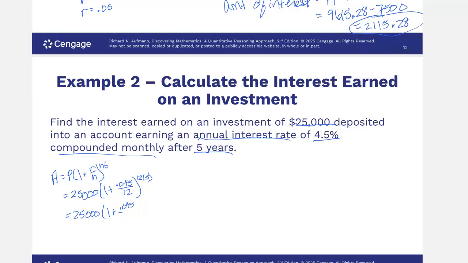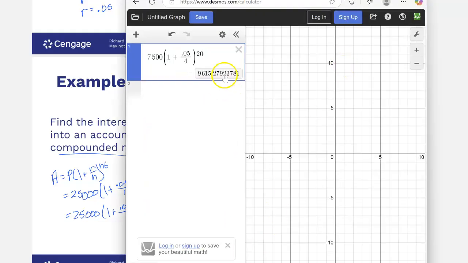Let's simplify that exponent, which is really just a 60. And then we could type that in Desmos or a calculator. So there's our future amount.